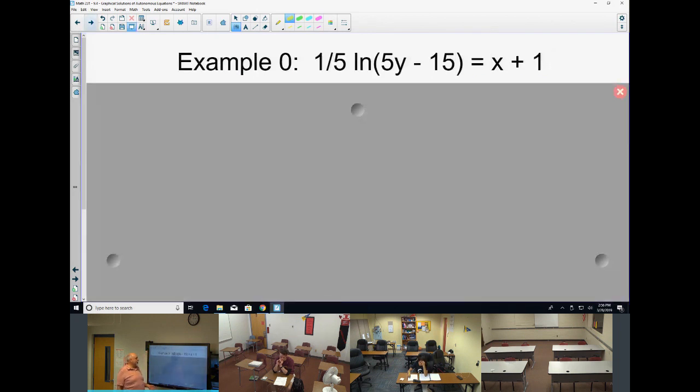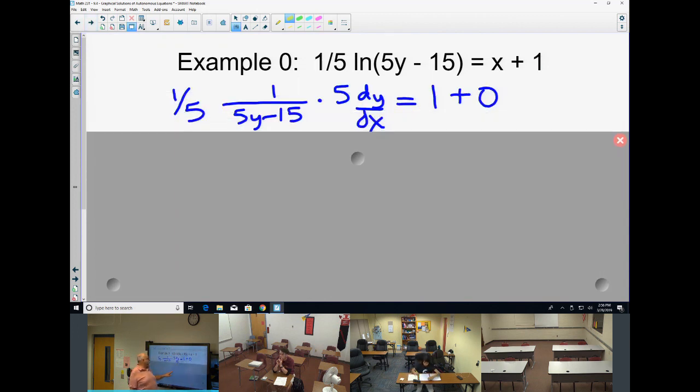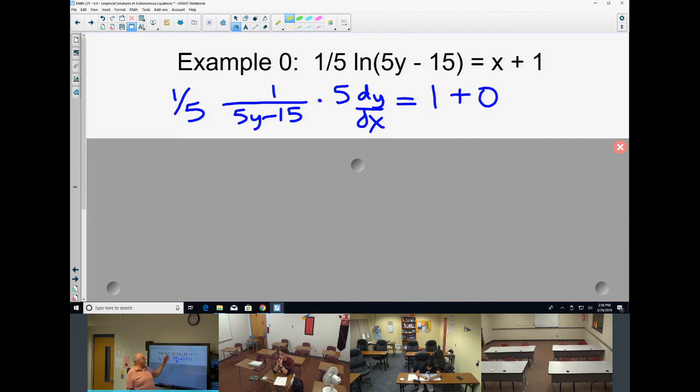All right, so for example, if we go through and we take the derivative of this. The derivative of 1/5 of a natural log, you bring the 1/5 down, and then the derivative of the natural log of blob is 1 over blob times the derivative of blob.